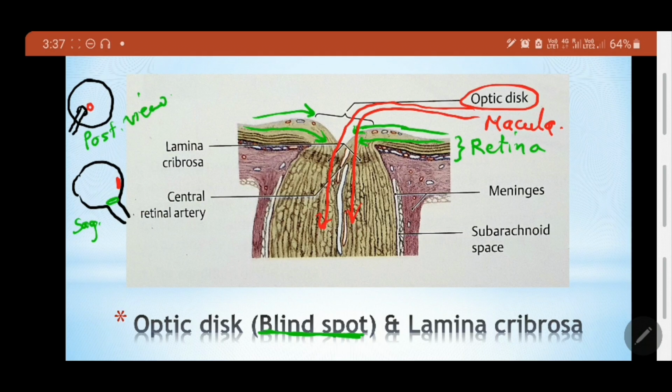The pattern is not distorted, not disturbed. I told you the mirror inverted image of the object is formed on the retina, and that image is transmitted as such along the length of the optic pathway and is relayed in the visual cortex. So macular fibers will stay in the center. Okay.